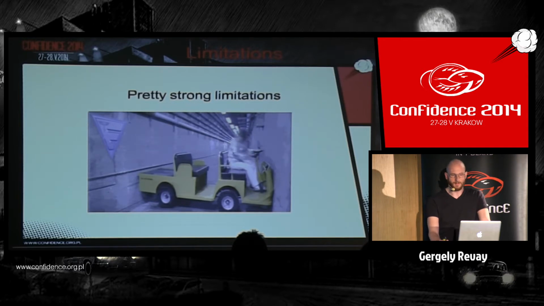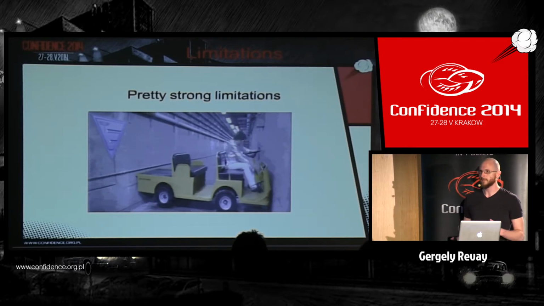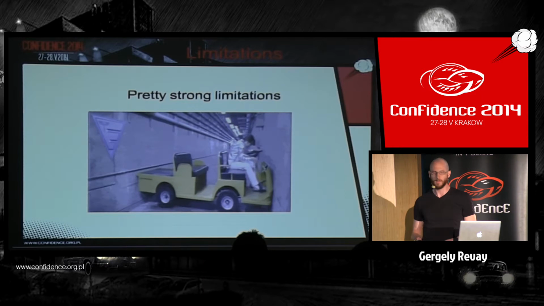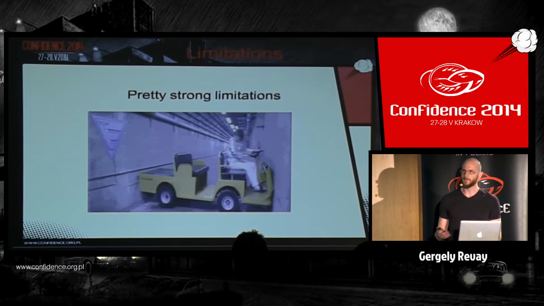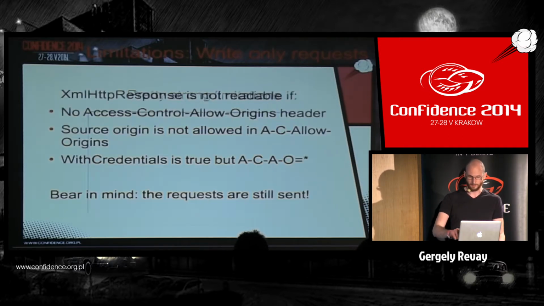There are limitations, because as I said, the feature itself is not broken. So we will have to deal with some kind of limitations, and sometimes the attacks are not going to work because of these.